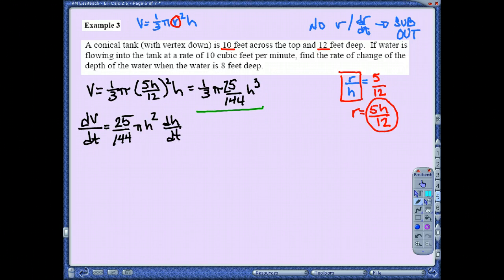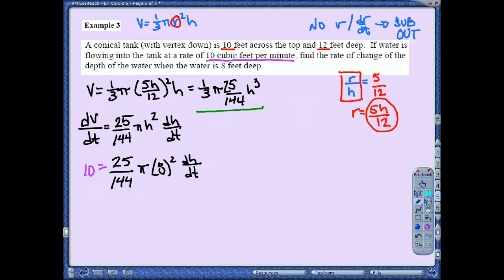And notice we have everything now that we need. We want to find the rate of change of the depth, so we want to find dh dt. dv dt is 10 cubic feet. And once again, I know that's going in for dv dt because look at your units. That's going to be 10. And they tell us the depth of the water is 8 feet. So I'll plug that in. And then I'll solve for dh over dt.